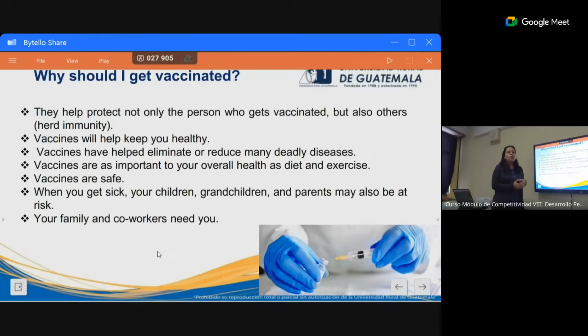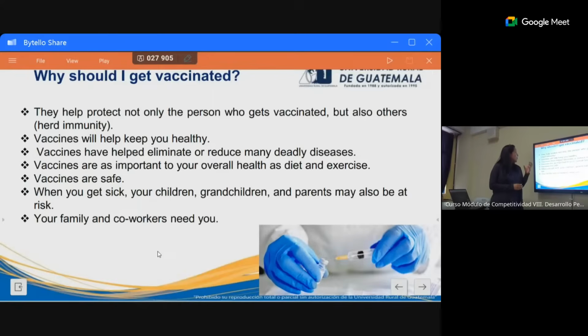So all the people might be at risk because when you get sick, so how important it is to protect yourself from any type of disease. How? Getting vaccinated, you know? So that is when you get sick. That's why we need to get vaccinated. Your family and coworkers need you.